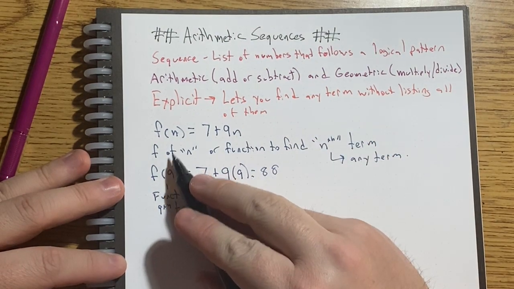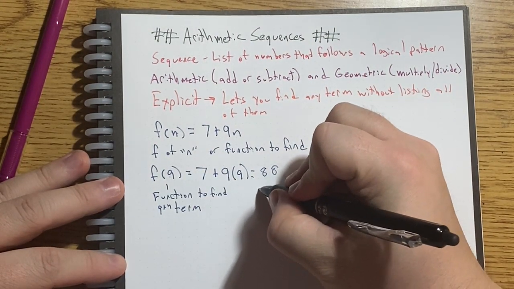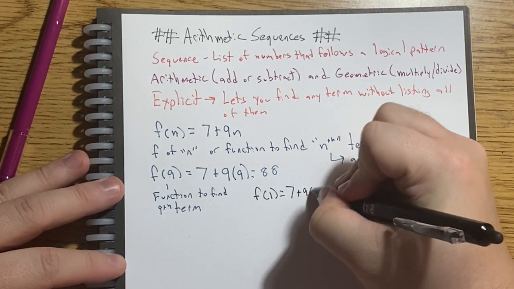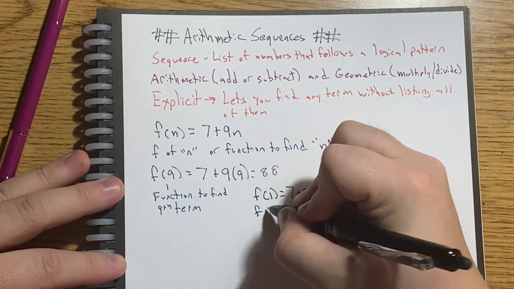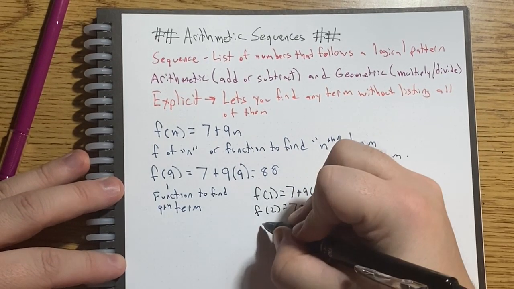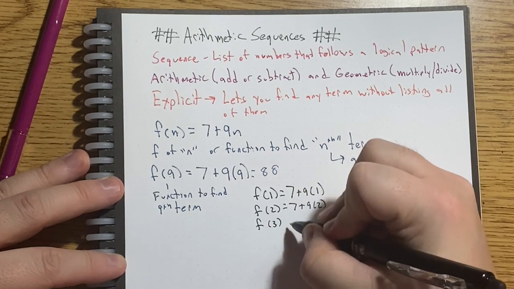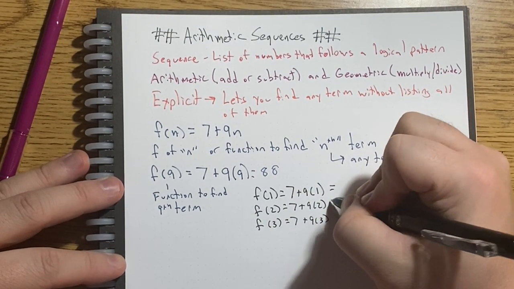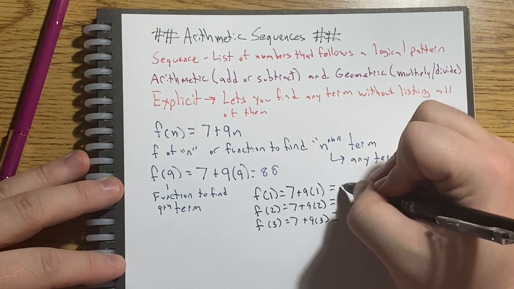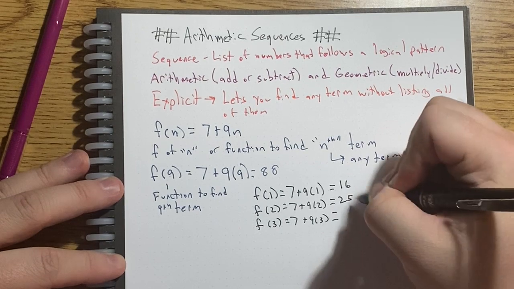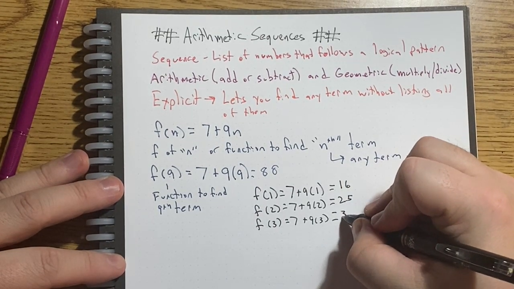So if I wanted to find f of 1, you would do 7 plus 9 times 1. F of 2 equals 7 plus 9 times 2. F of 3 equals 7 plus 9 times 3. 16, 25, 34.